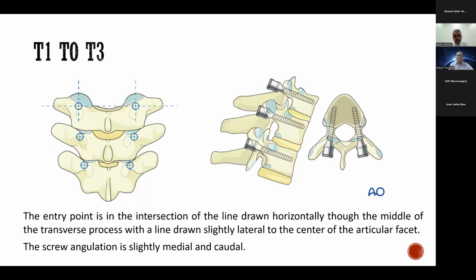But as you go up from T1 to T3, or you go down, the entry point differs. As you go up to T1 to T3, the entry point is not the mid transverse line, but the line going to the upper third of the transverse process and the articular process.